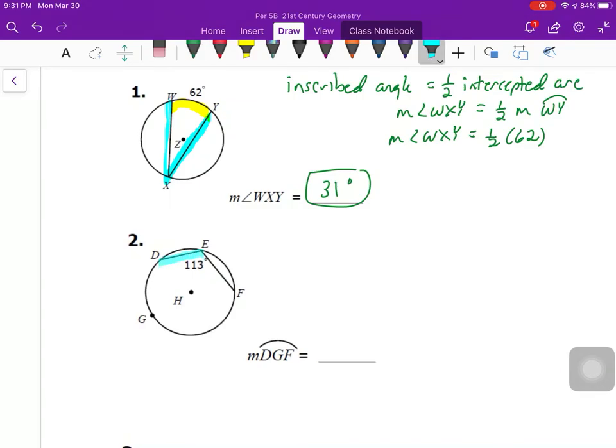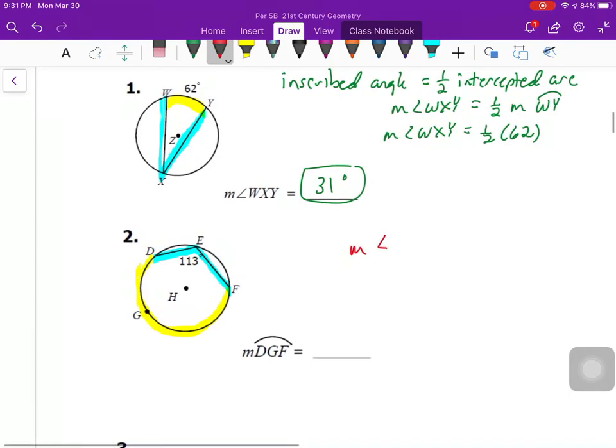Next example here. The inscribed angle would be this angle right here. We're looking for the arc D to G to F right there. We know that the measure of angle DEF is equal to half the measure of arc DGF.